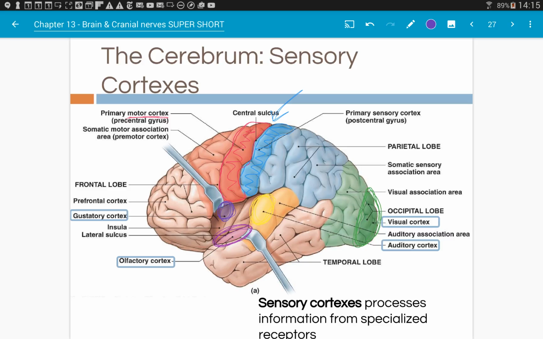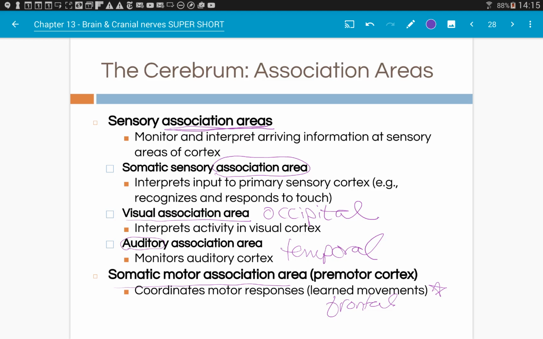And so we'll talk about what these association areas are doing. But all of these cortexes, or cortexi, I don't know, have association areas. So visual has a visual association area there. Auditory, there's its auditory association area. Association areas are important, so important that we're going to talk about them right here.